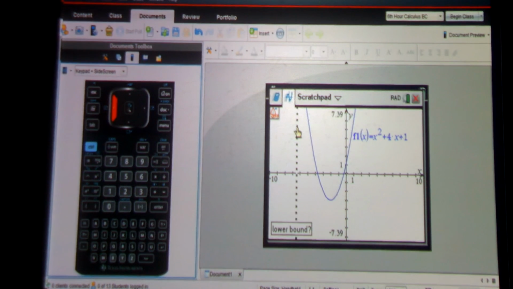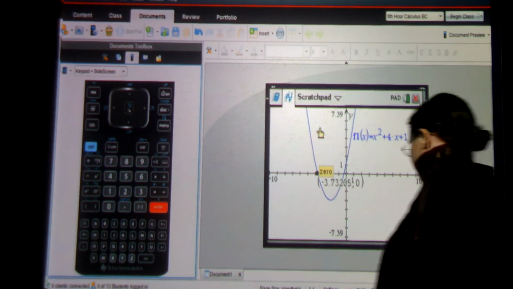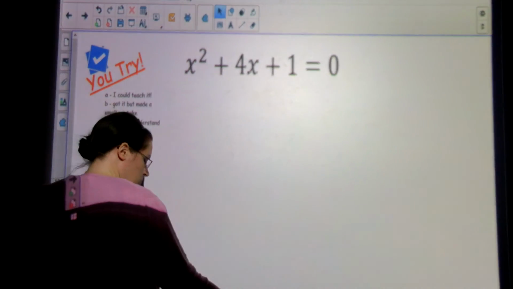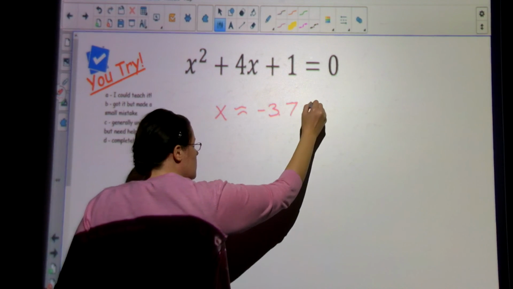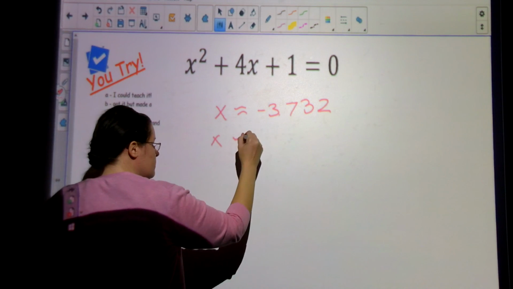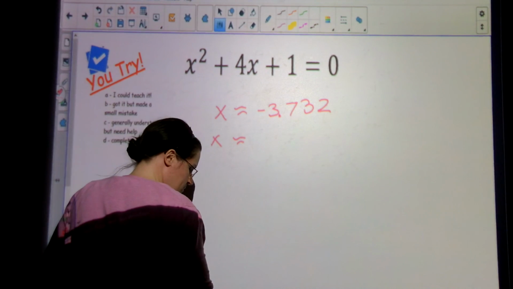I'm going to go before my zero, hit enter, go after, enter, here we go. Negative 3.732. There's a decimal there, it's hard to see.